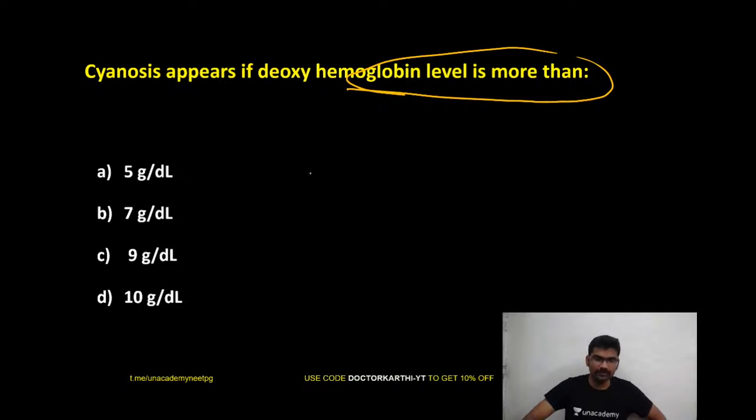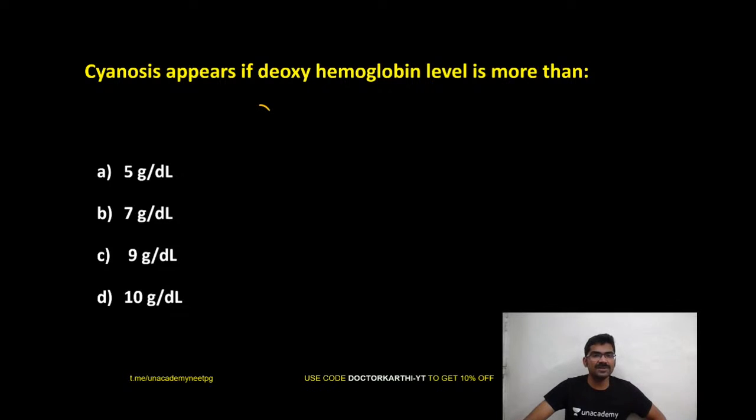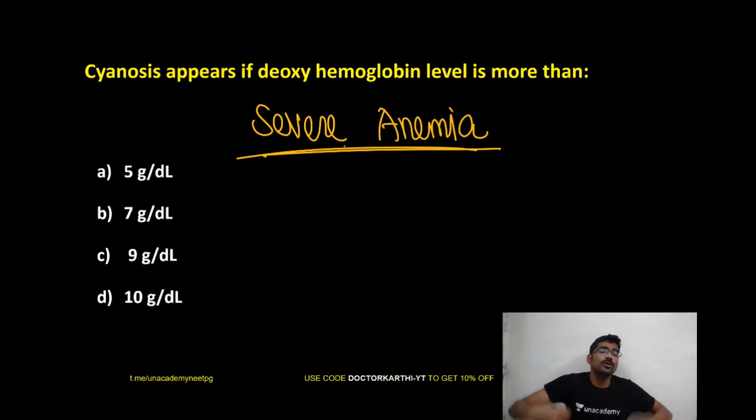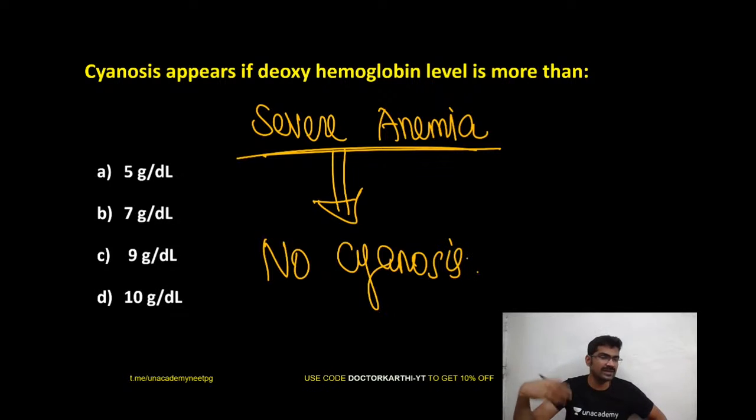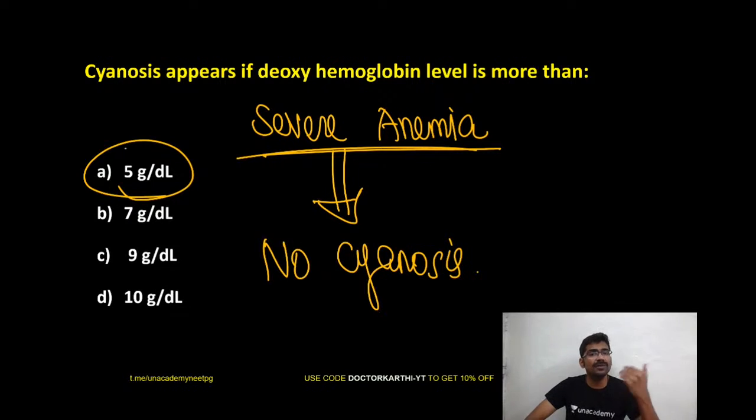Okay. So in patients of severe anemia, you won't have cyanosis. In physiology, this is also a favorite viva question. In patients of severe anemia, you won't find any cyanosis. Why? That's what they ask you in exam. The reason is, for cyanosis to appear, you should have at least more than 5 gram per deciliter of deoxyhemoglobin.